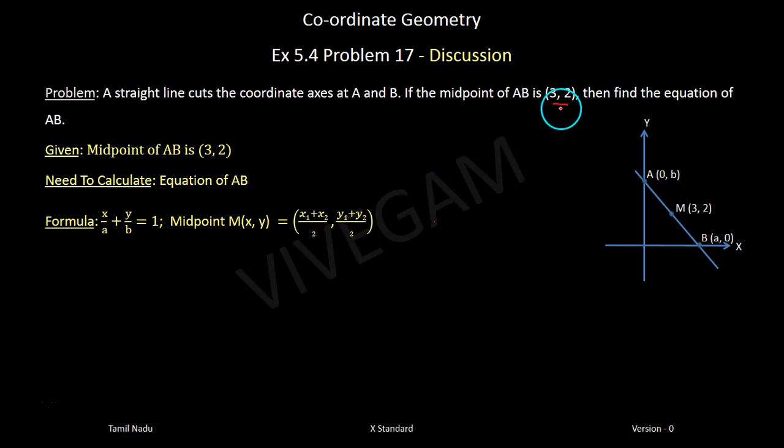You substitute this point, and you will get everything in terms of a and b, but you won't be able to solve for a and b. That's the reason they have given the other condition, that this is the midpoint of AB. The midpoint: (0 + a)/2 equals 3, from which you can calculate a. (b + 0)/2 equals 2, from which you can calculate b. That's the trick here.